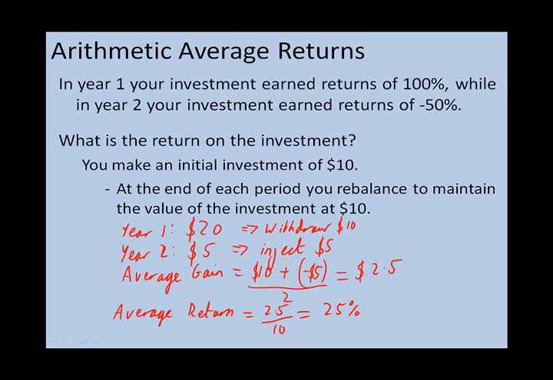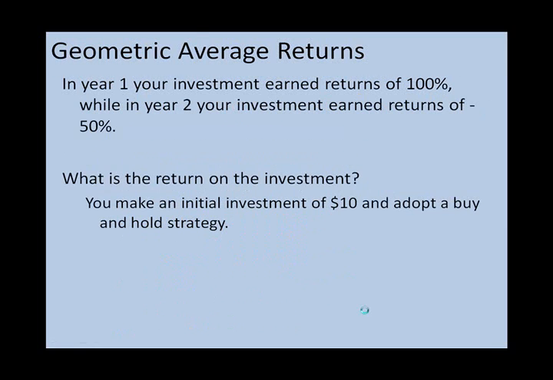Now suppose we calculate average returns in a different manner. We have the same investments, but now instead of ensuring that at the end of each year the value of the investment was $10, we just adopt a simple buy and hold strategy. What happens now? Well, at the end of year 1, we know our investment is worth $20.